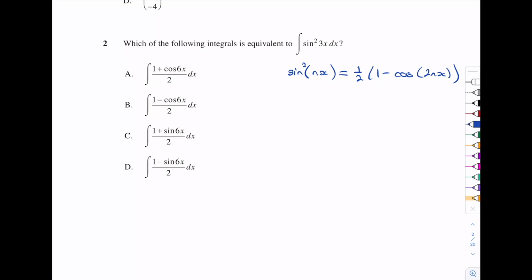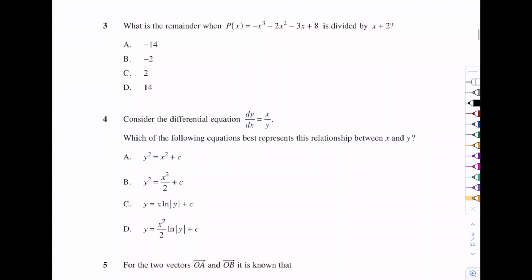And so here in our scenario, n is simply 3. And so we will basically be substituting 3 into this. So if I want the integral of sine squared 3x, that's equivalent to integrating 1/2 (1 minus cos 2 times 3, which is 6x). And that obviously is the same as option B.